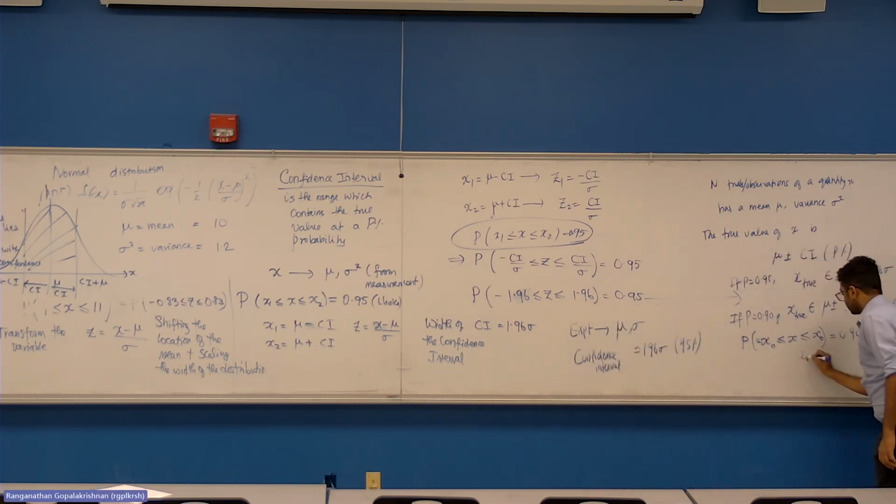What is x naught? You mean minus 1.64 to plus 1.64, right? So x naught is 1.64, or this is 1.64 sigma.